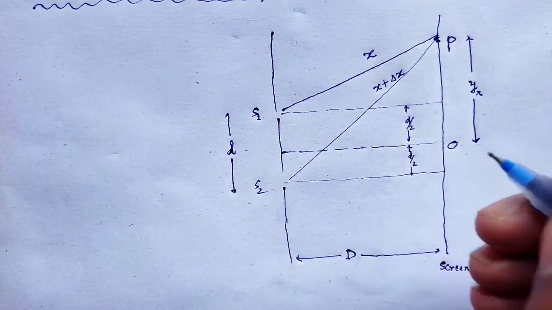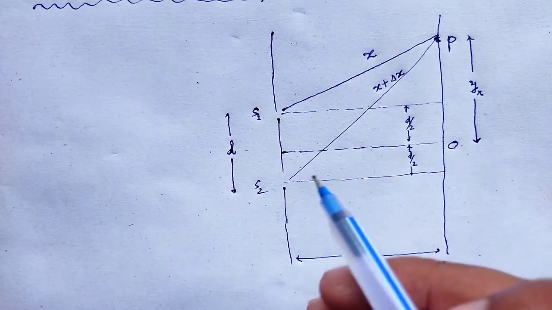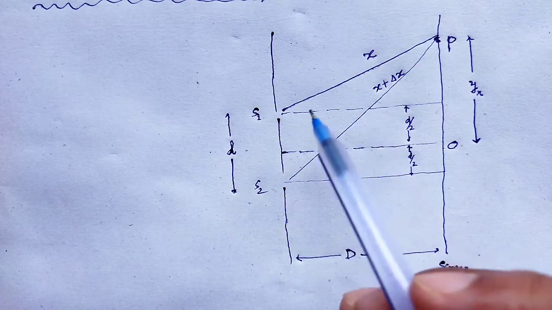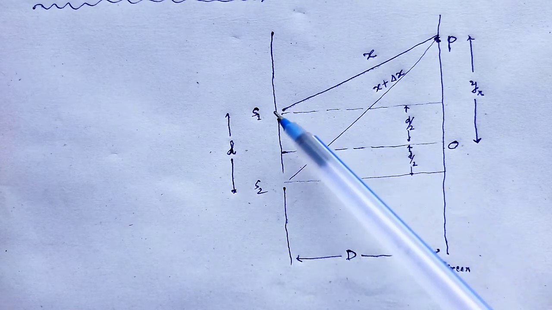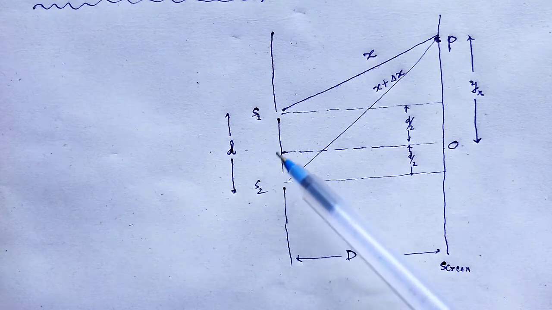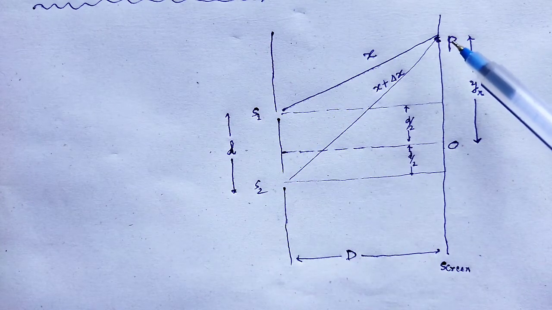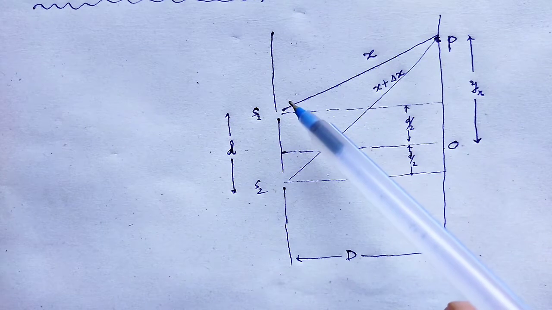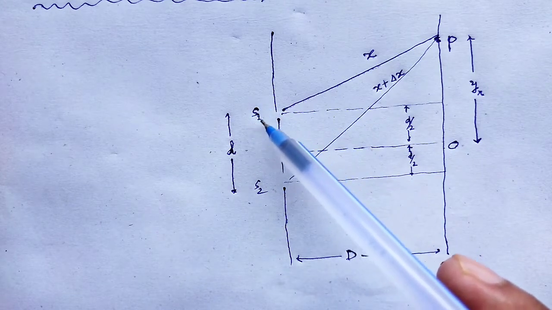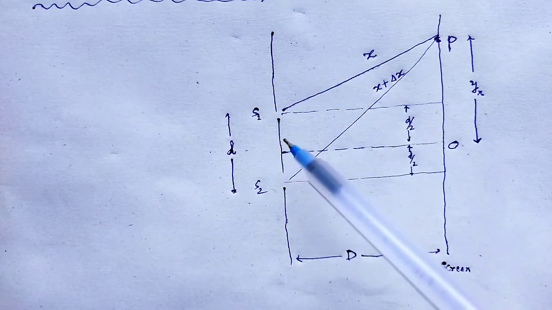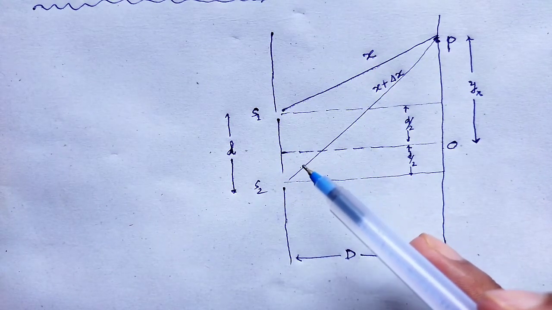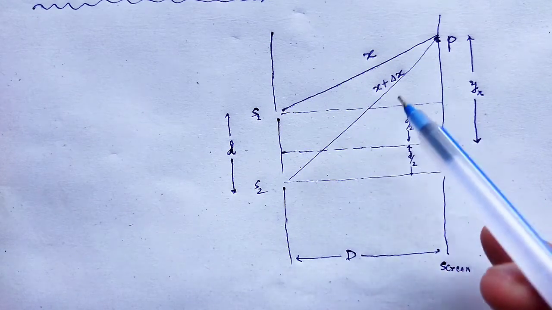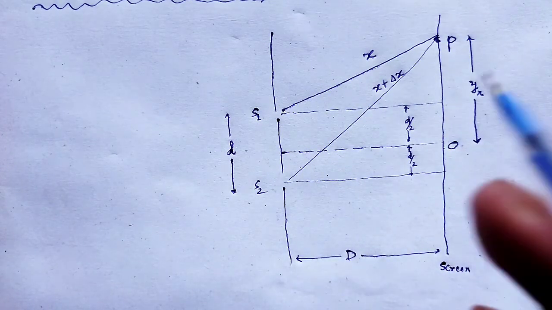The two light waves having the same angular frequency, let that angular frequency be omega, coming from the coherent sources S1 and S2, reach point P on the screen. The wave from S1 has amplitude R1 and the wave from S2 has amplitude R2, and they travel towards the screen with the same phase.